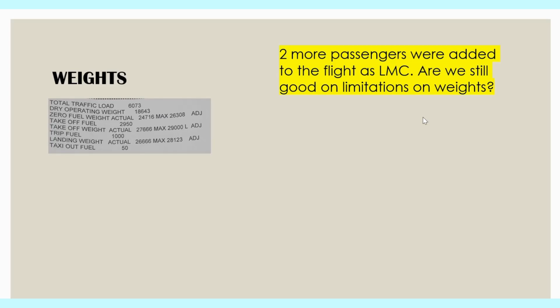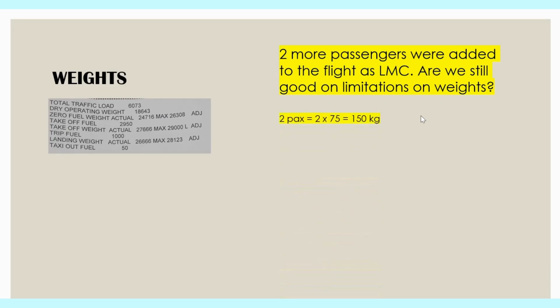Sometimes the load controller comes and tells you, Captain, we have two more passengers which were not included on the manifest, but they were already booked, they are legal, and we have to put them in. Can we bring them? If everything is below the underload that you will be discussing in a moment, then yes, the captain can say, okay, let us work out if there are any exceedances to the maxima values.